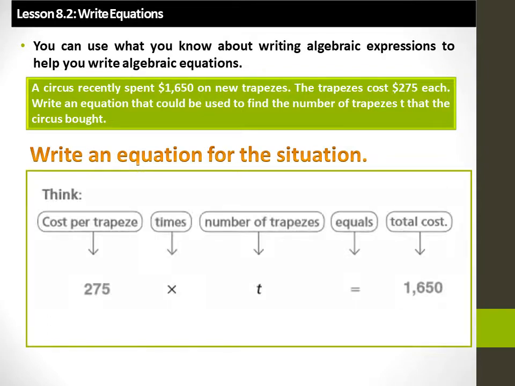Write an equation for the situation. The cost per trapeze is 275 times the number of trapezes, which is T, is equal to the total cost, which is 1,650. So the equation is 275 times T equals 1,650.